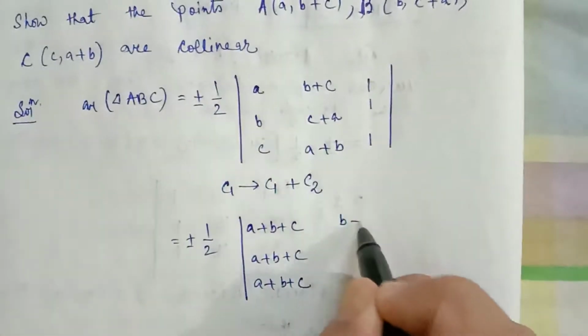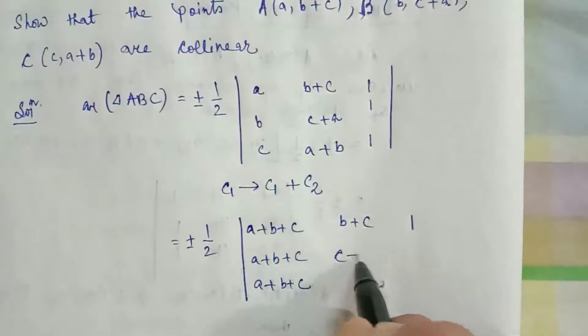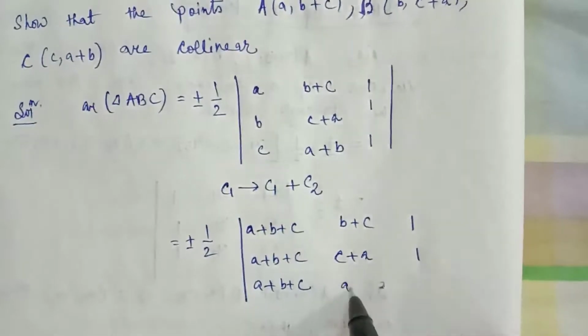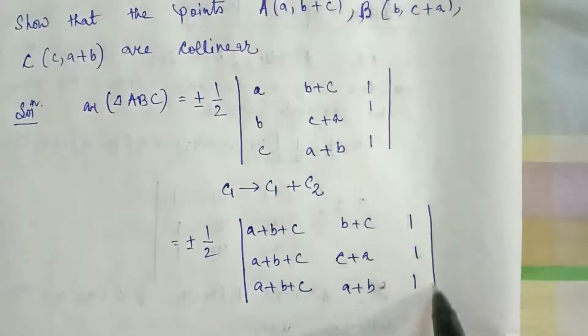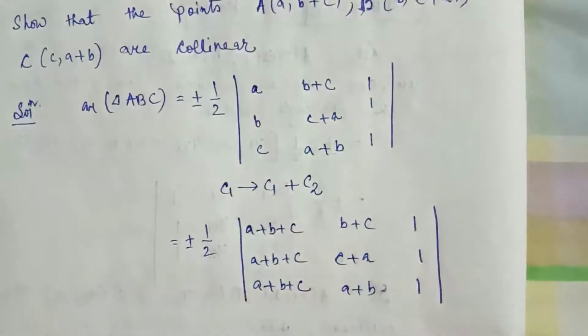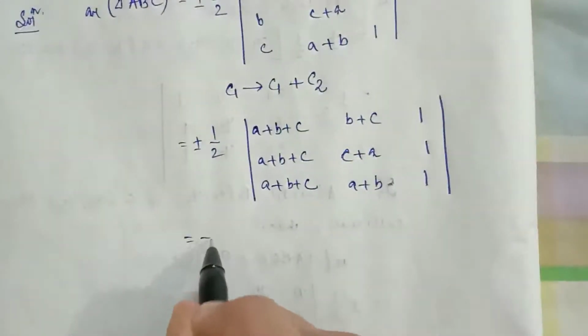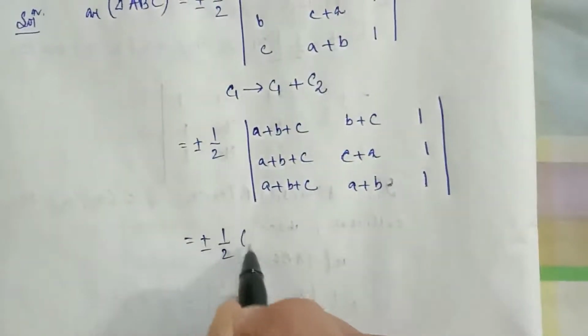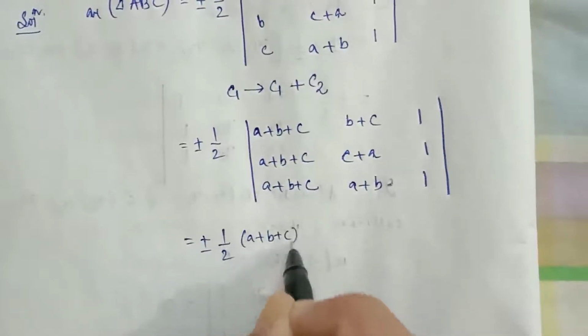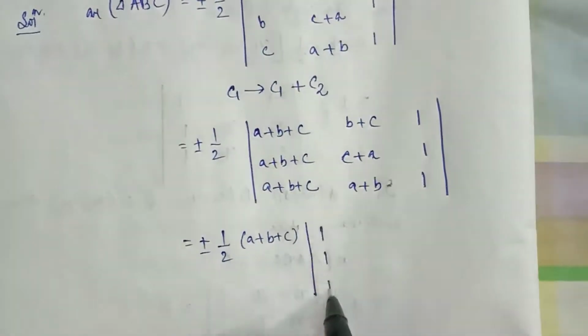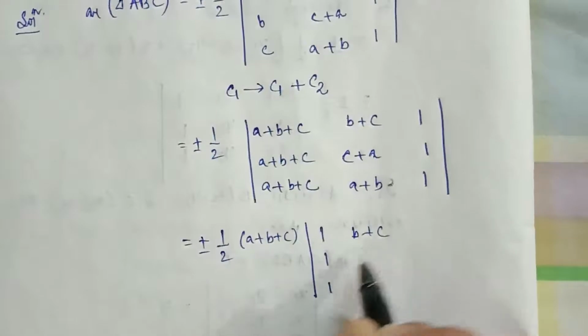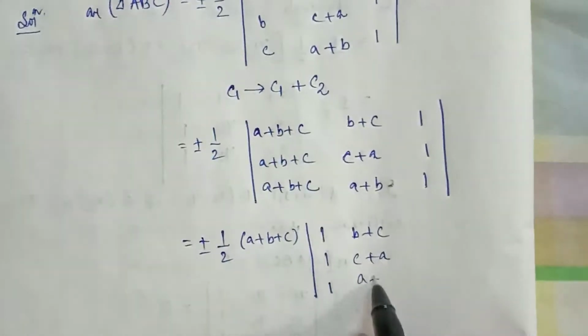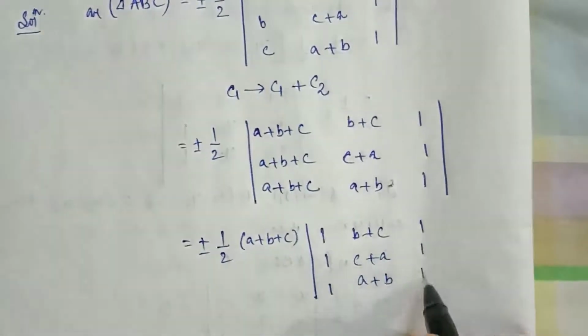This will be b plus c, 1; c plus a, 1; a plus b, 1. We can take a plus b plus c common. This will be plus minus half into a plus b plus c into the determinant with columns 1 1 1, b plus c, c plus a, a plus b, 1 1 1.